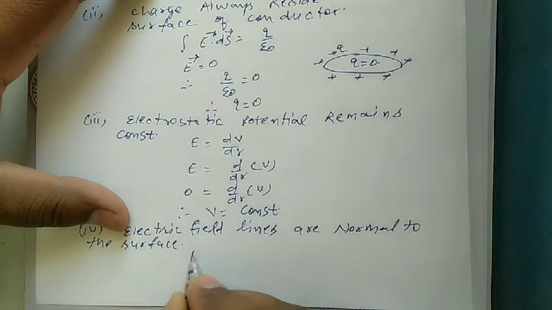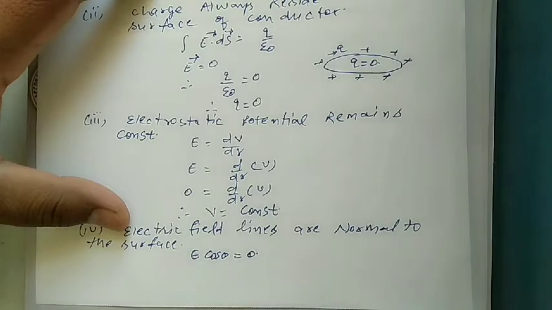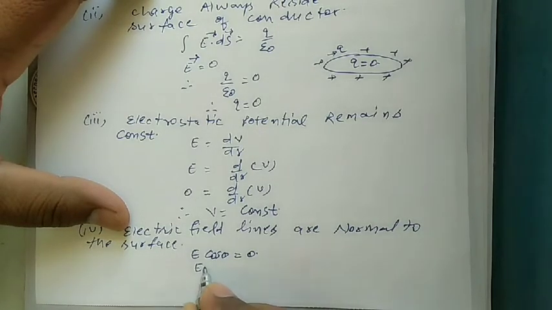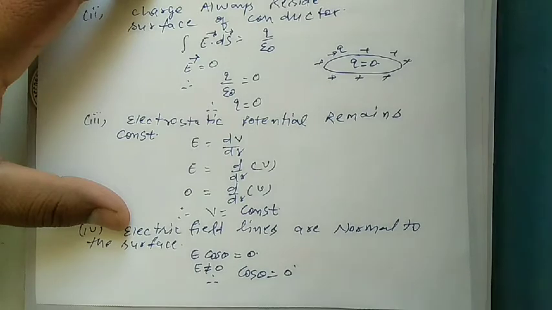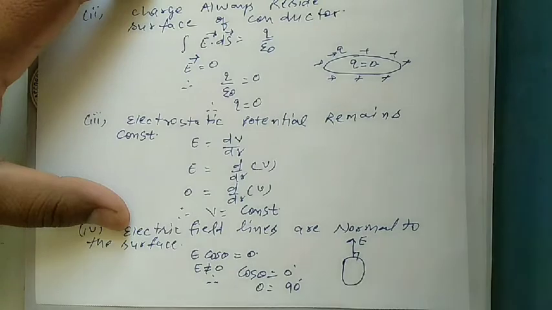Now we can write E cos theta is equal to 0. Now electric field cannot be 0, therefore cos theta will be 0, or we can say theta is 90 degree. So on the surface of a conductor, electric field is always perpendicular.